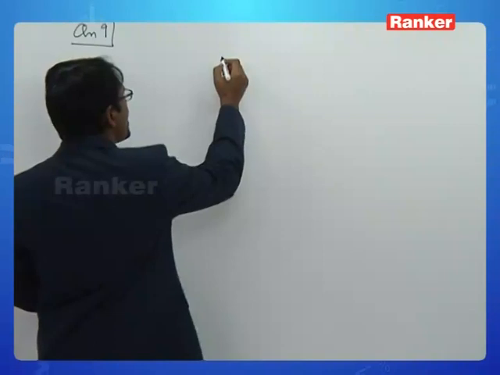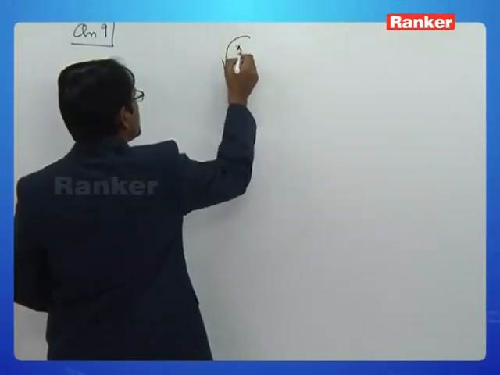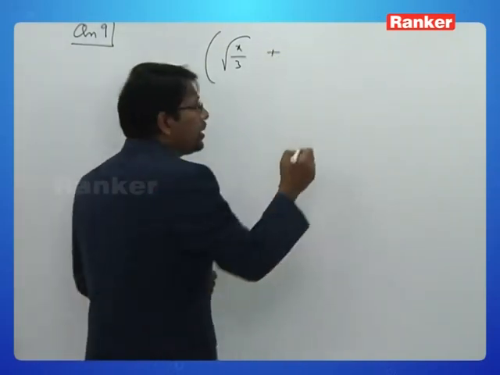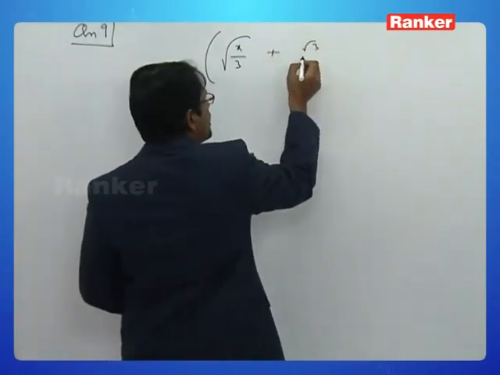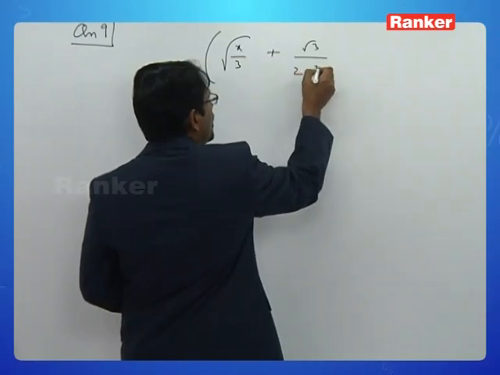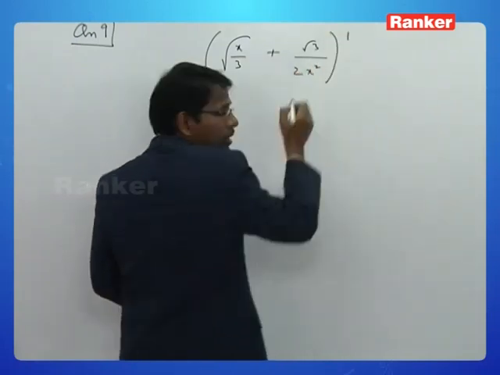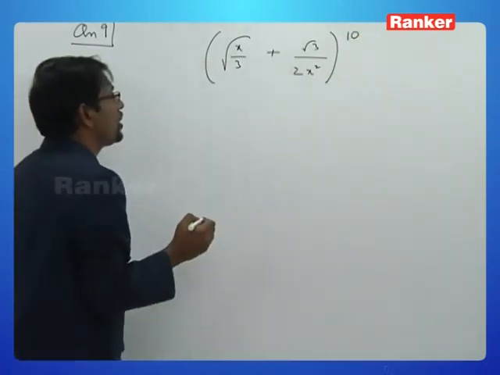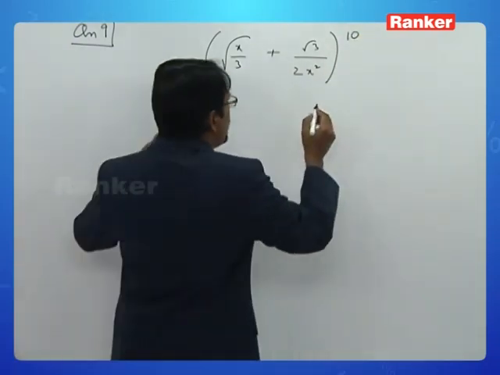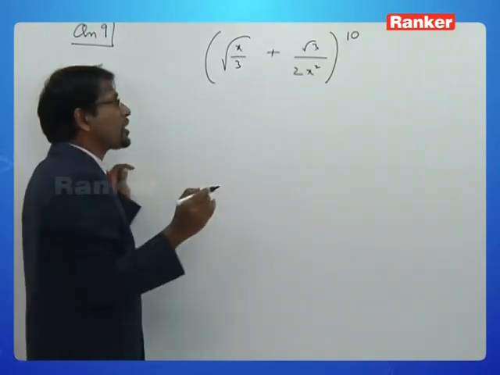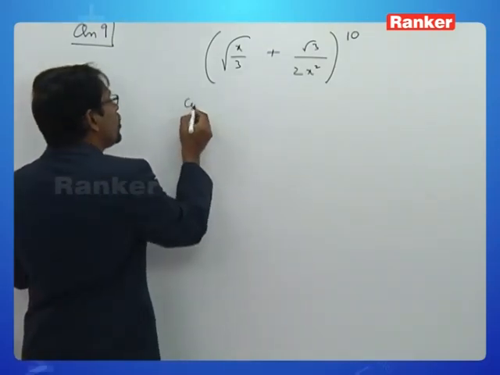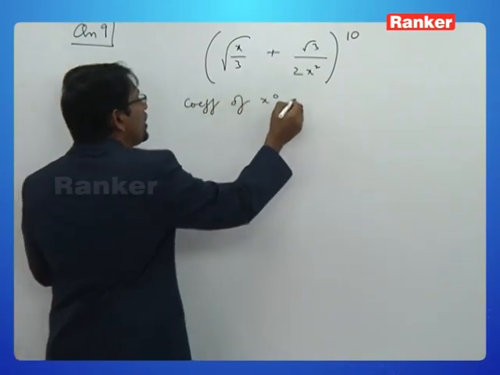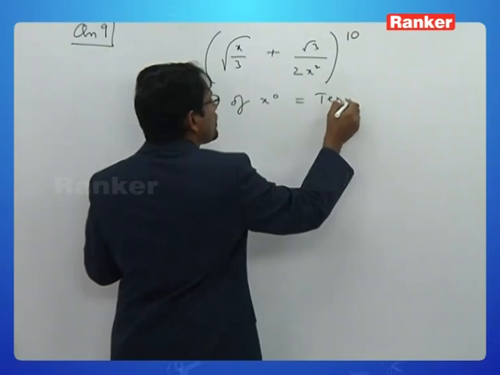Now we have the expansion (root of x by 3 plus root 3 by 2x square), whole thing raised to the power 10. Now we are interested in the term independent of x. That means we are interested in the coefficient of x power 0.